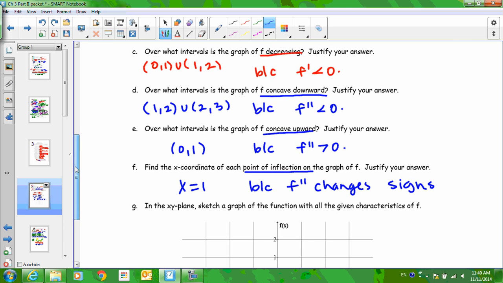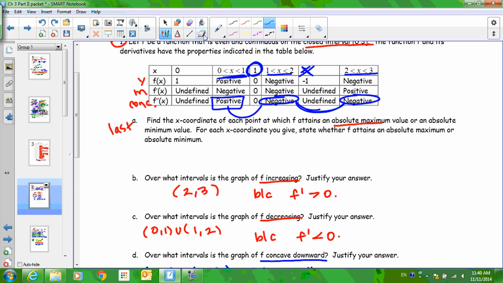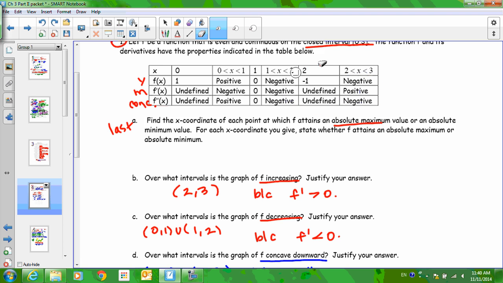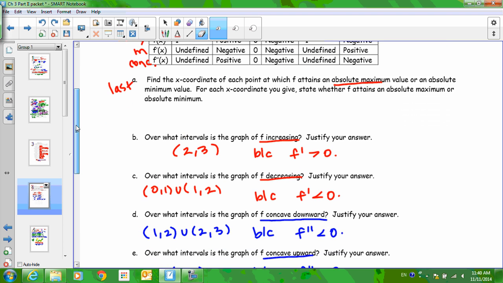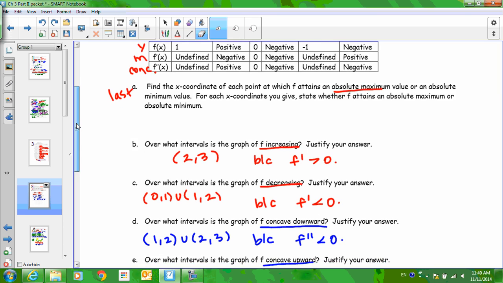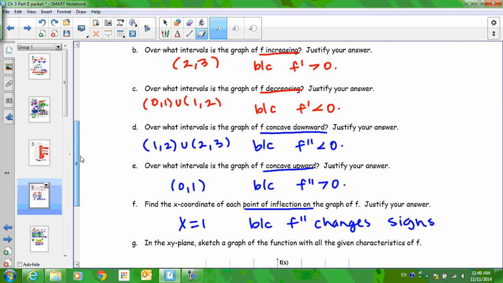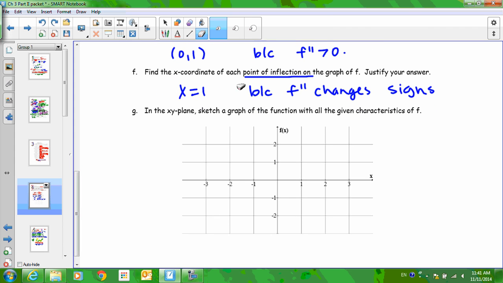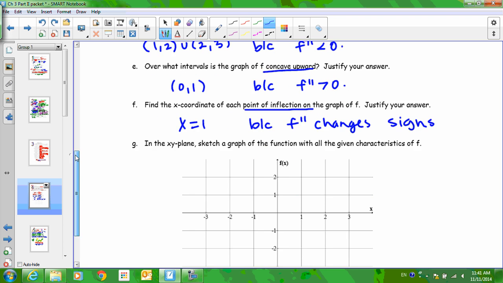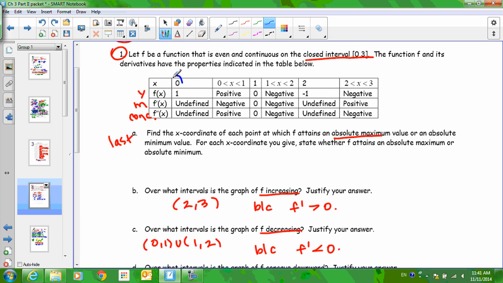Alright, now when you're graphing, I'm going to come back up here and I'm going to erase this because I may want to mark on this in a minute. So when you're graphing, you want to first figure out, okay, I'm increasing, basically, you want to start with the point, and that's given on the table, which is 0, 1.